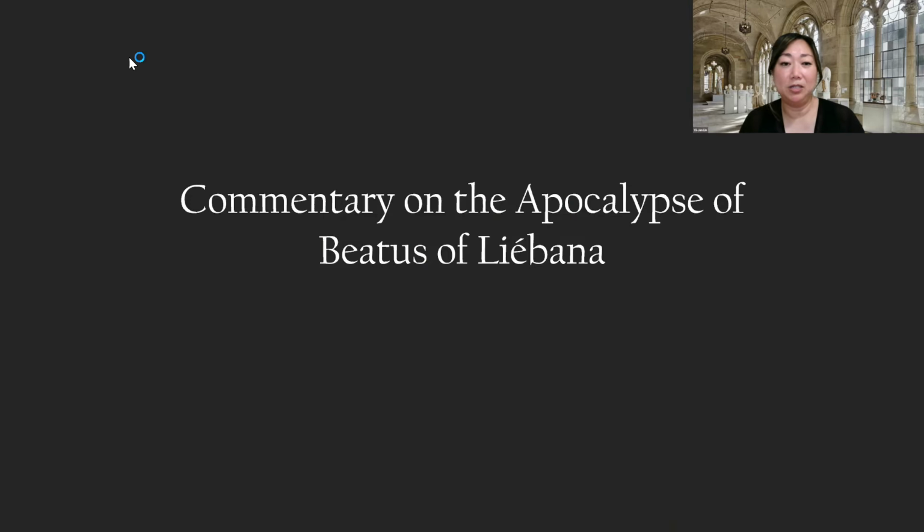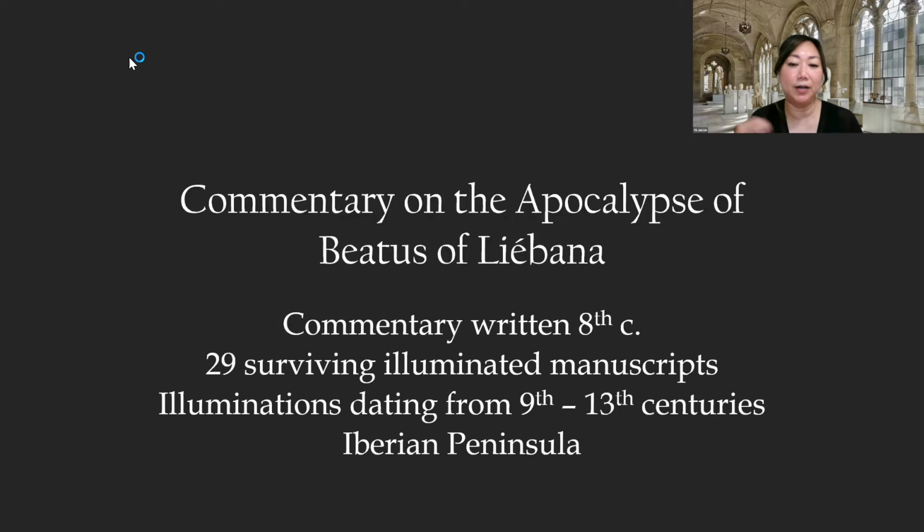So next we come to a series of different manuscripts in which we have Beatus of Liébana writing a commentary on the Apocalypse. And from that, we have written in the 8th century, and we have different copies of this commentary that are illuminated, that are drawn with beautiful drawings in each one, but there are 29 surviving.